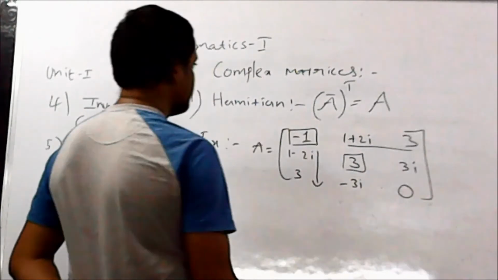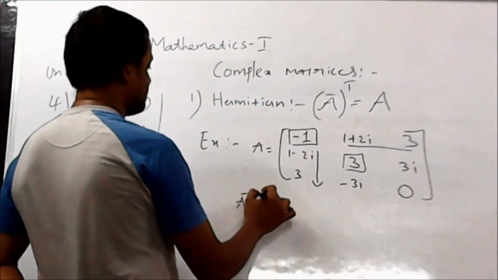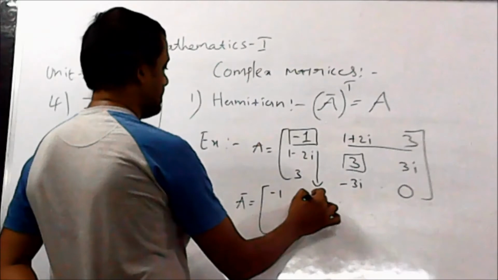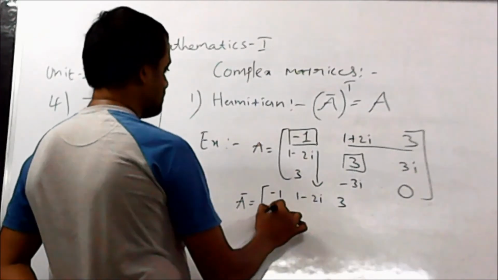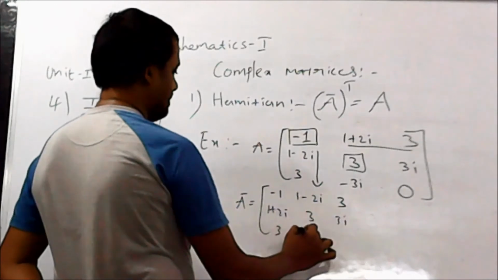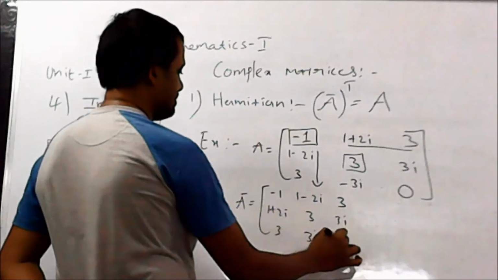Okay. So what about conjugate? Generally we write conjugate: minus 1, 1 minus 2i, 3, 1 plus 2i, 3, 3i, 3, 3i, 0.